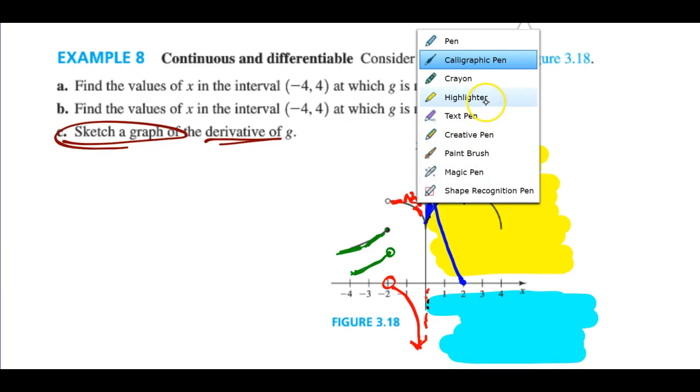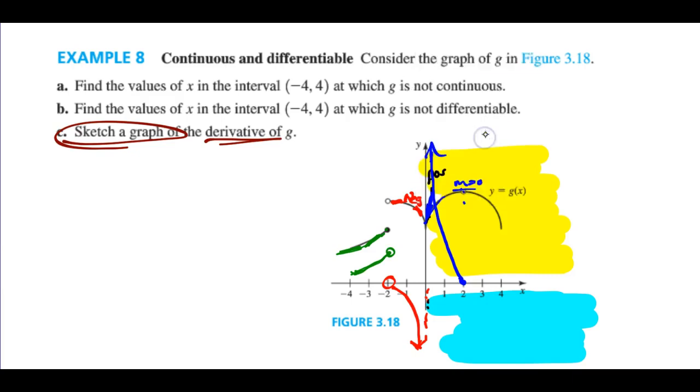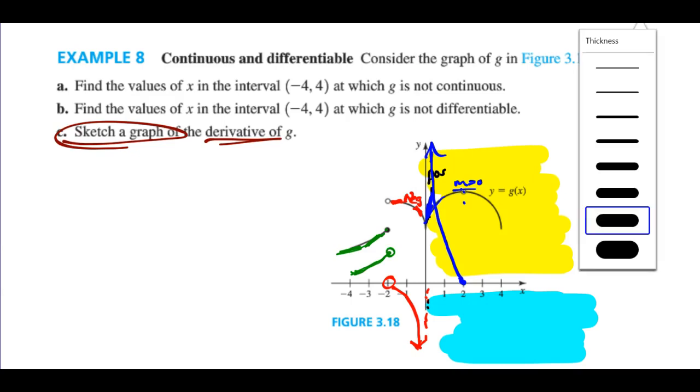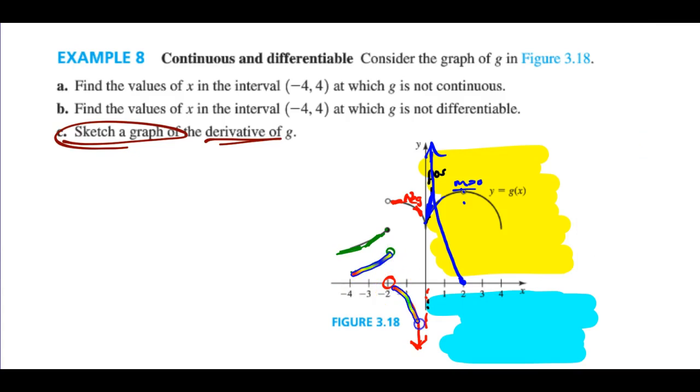Let's see if I can bring this to life for you. So far I've got the derivative is this, and this. That is what I'm looking at for my derivative function so far. And then the last little piece that I need to worry about is this guy right here.